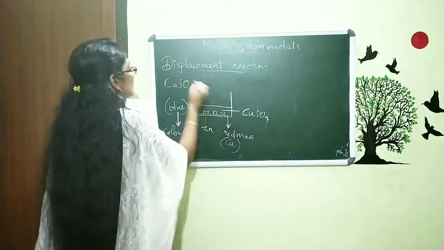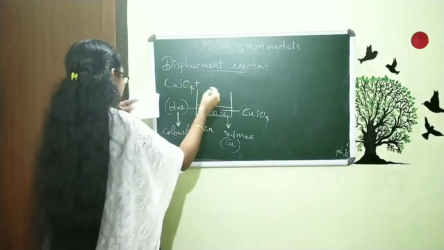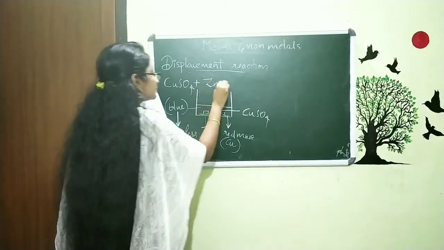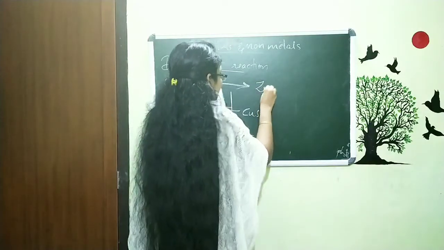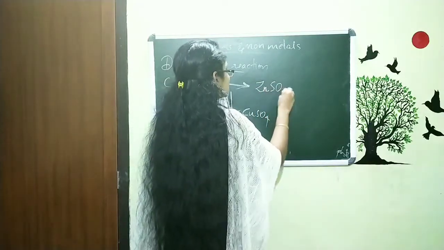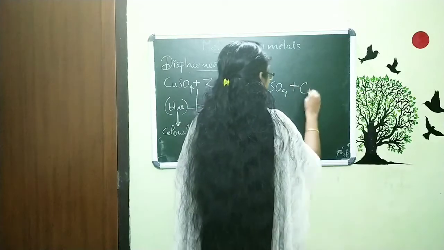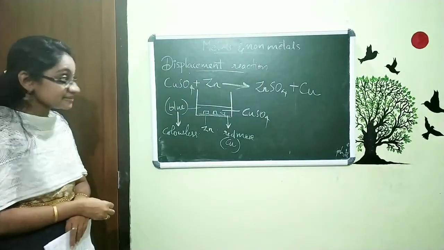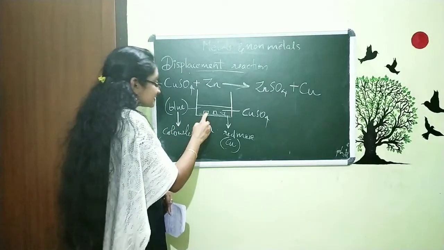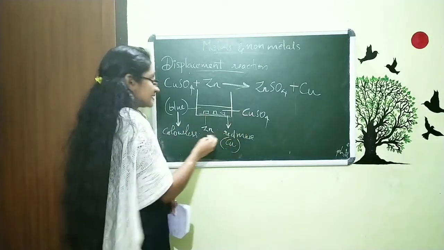This copper sulfate solution is getting reacted with zinc. We get the result as ZnSO4 plus copper.